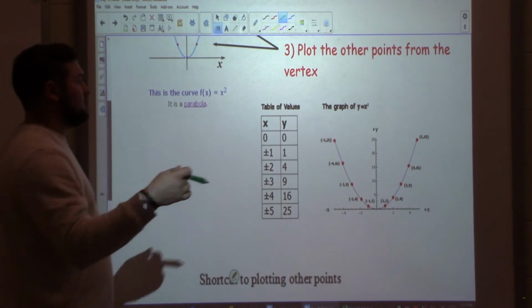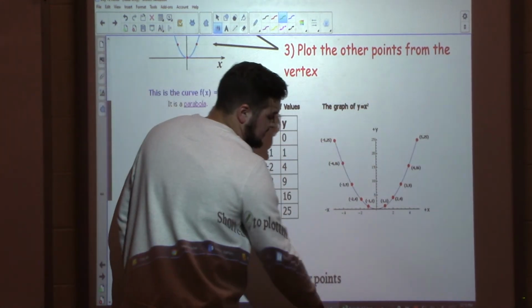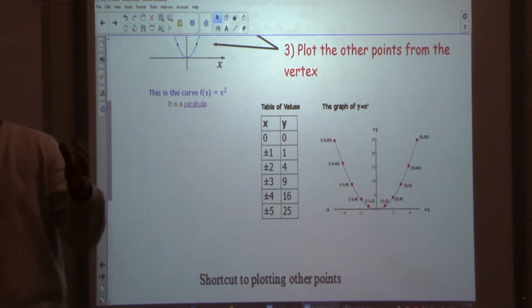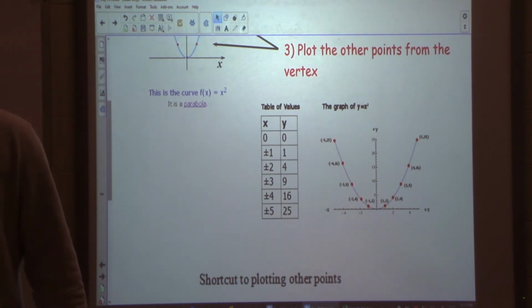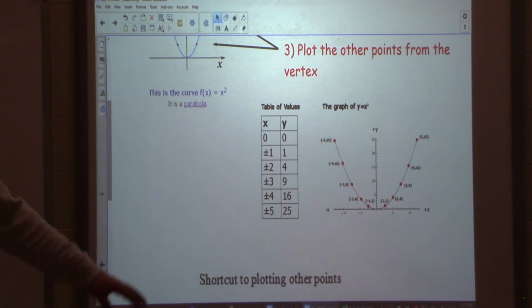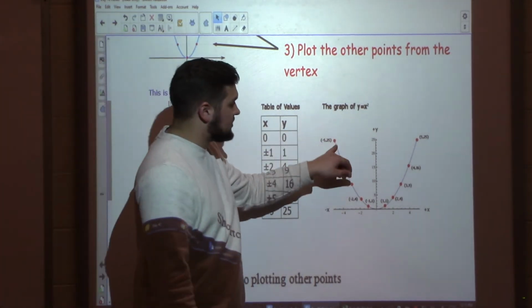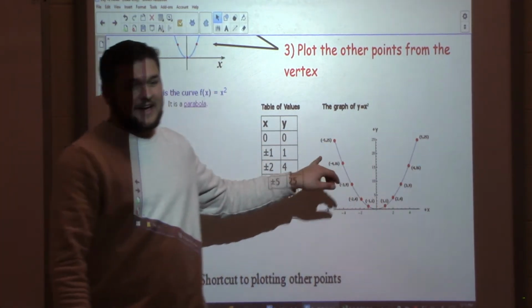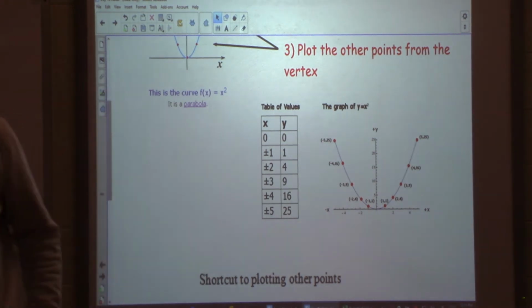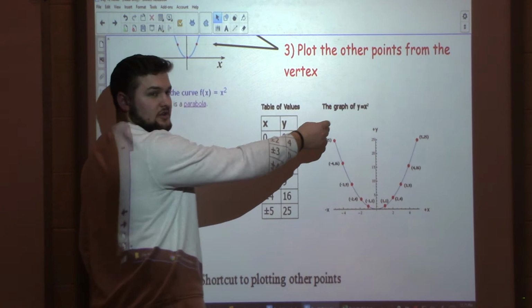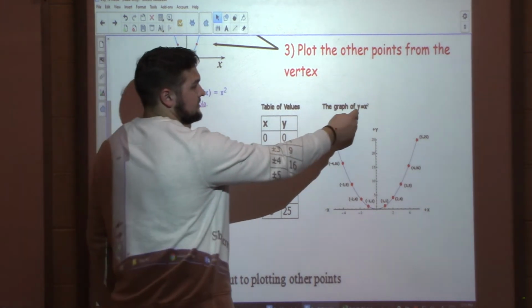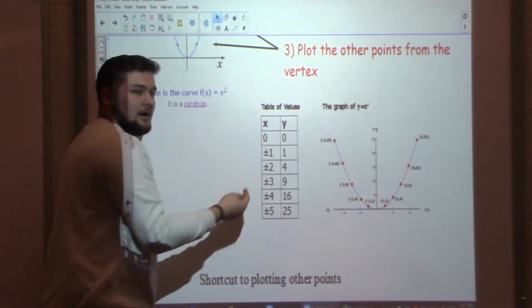So, if you look at our graph of y equals x squared, right? X squared is just the basic quadratic function. It's our variable square. We said a quadratic has to have a square, right? So this is our basic quadratic function, our basic quadratic graph. If you look at the points on it, it'd be 0, 0, because I plug 0 in for x, I get 0 for y. 1, 1, because I plug 1 in for x, I get 1 for y.